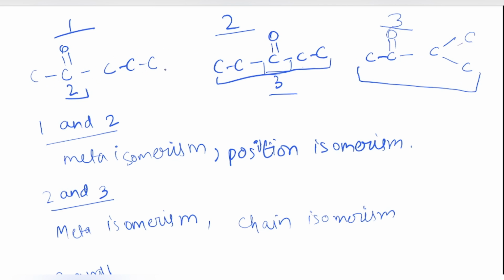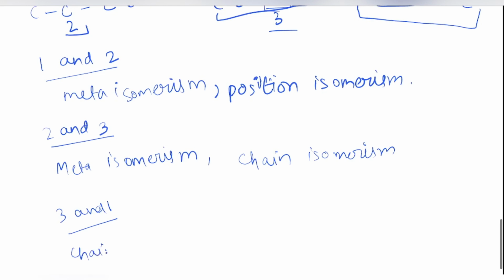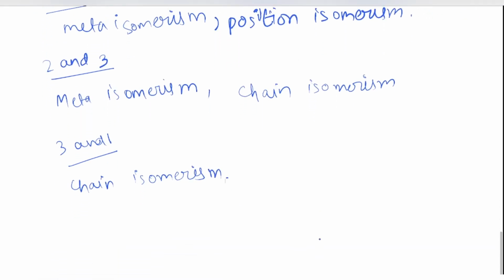Here the chain consists of 5 carbon atoms, whereas in the third molecule the chain consists of only 4 carbon atoms. So 3 and 1 show chain isomerism. Please practice a lot more, do a lot of questions, then maybe you'll understand how to identify what kind of isomerism a given pair is showing.